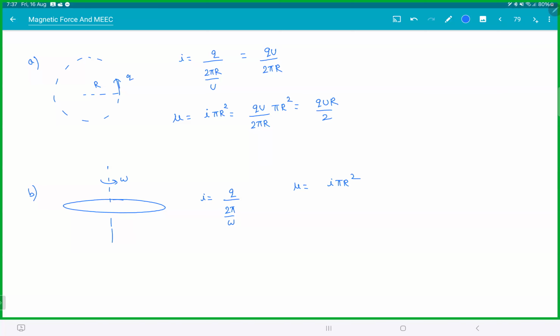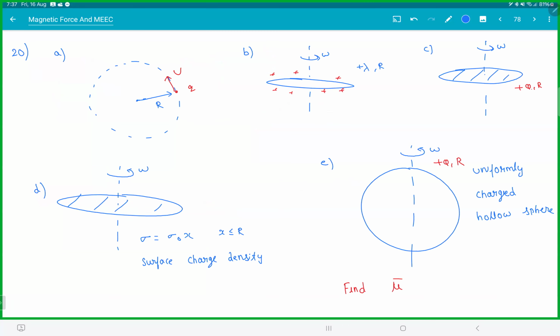Q will be lambda 2 pi R, so this would be lambda R omega. How to do C? Now, C is not that straightforward to see, because every loop at a distance x will have different charge. Try, I'll give 2 minutes.